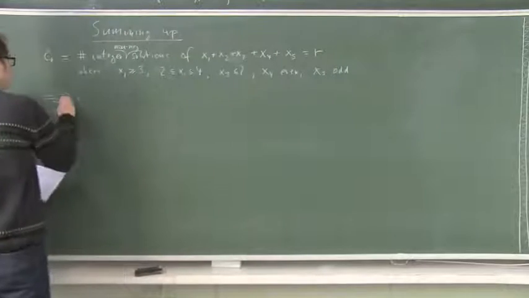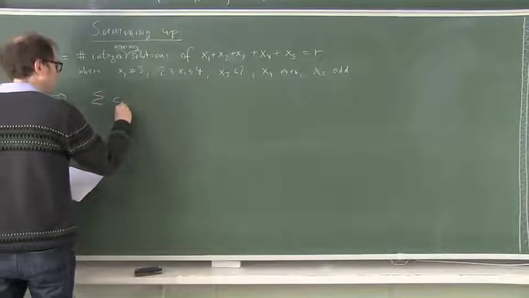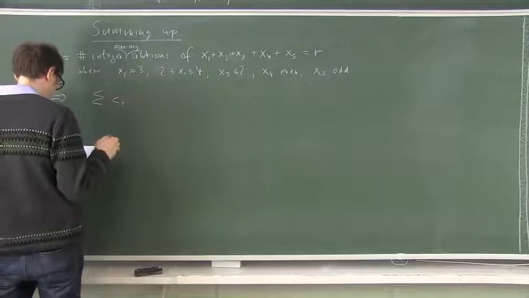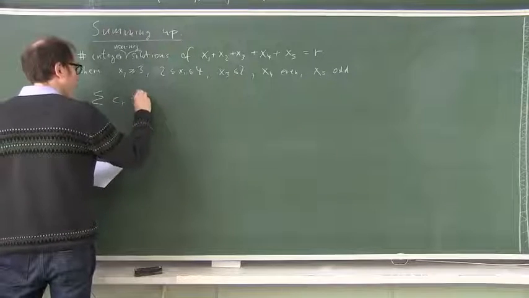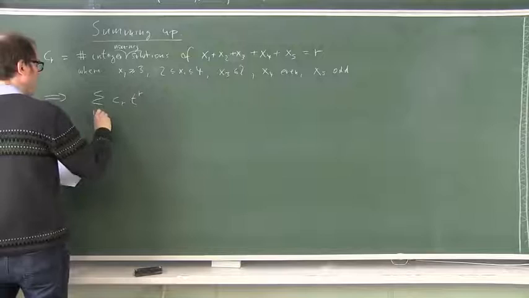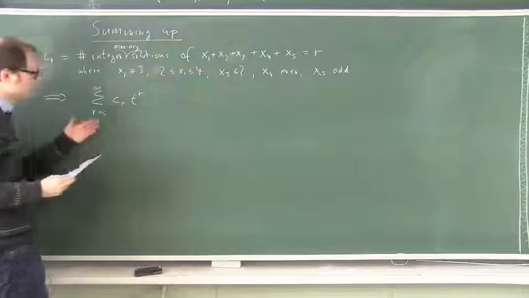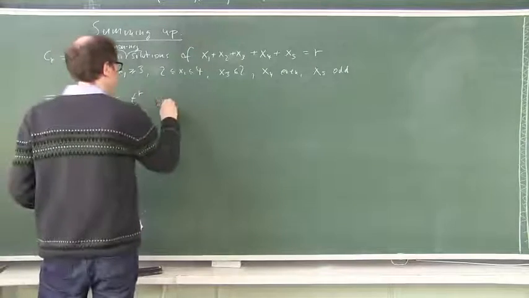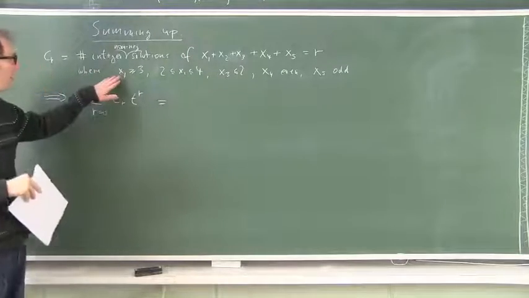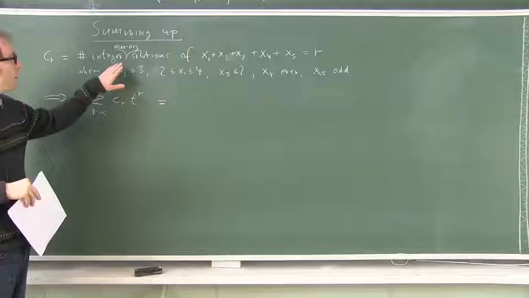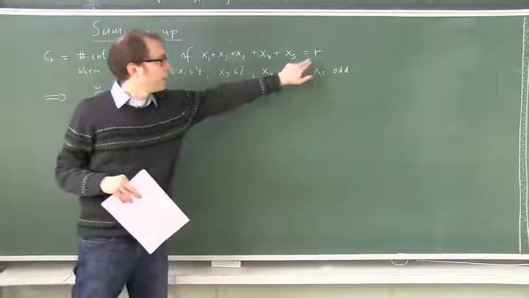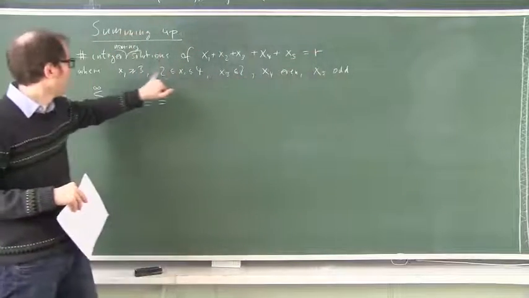So the generating function equals, okay, let's look at the problem of putting these r identical balls into that first box.